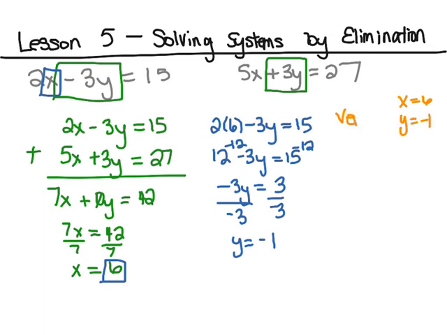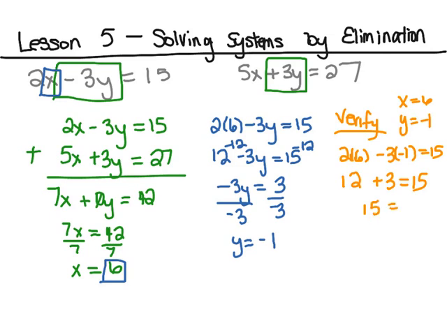And we have to verify. So 2 times 6 minus 3 times negative 1 is equal to 15. 12 plus 3 is equal to 15, and 15 is equal to 15. So that works. 5 times 6 plus 3 times negative 1 is equal to 27.